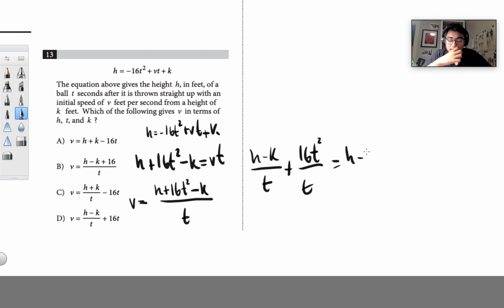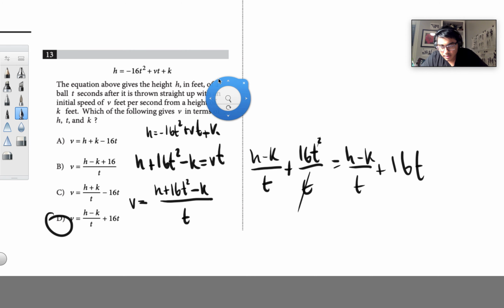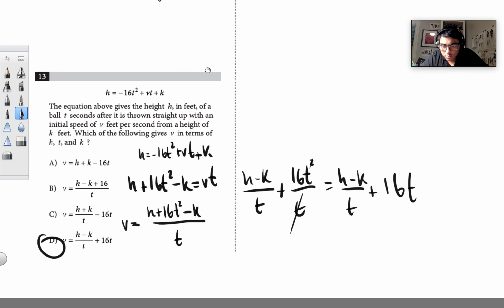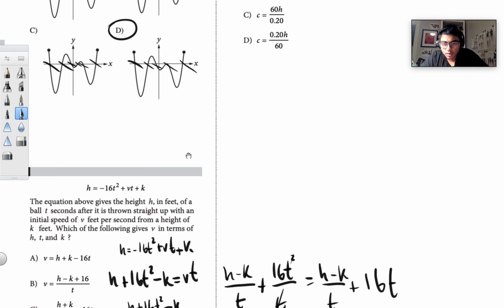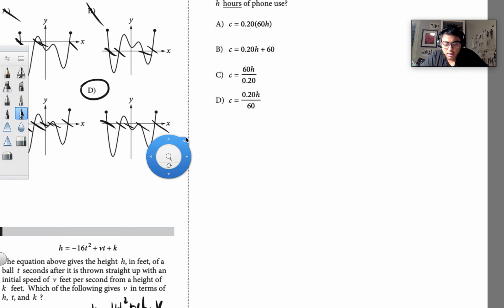Which is equal to h minus k over t plus 16t, because we just cancel one of the t's out. I'm so sorry, plus 16t. Right? H minus k over t plus 16t, yes.